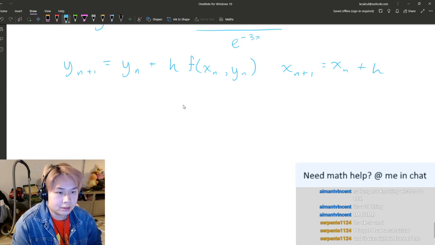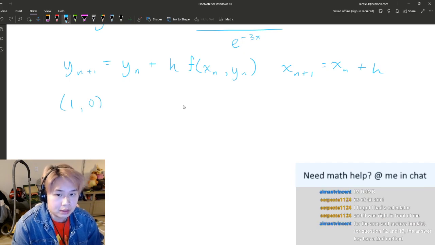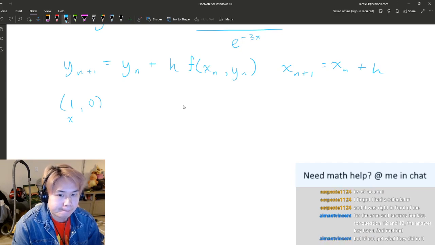Okay, I know that on f I have the point 1 and 0, so this can be my starting x and my starting y.